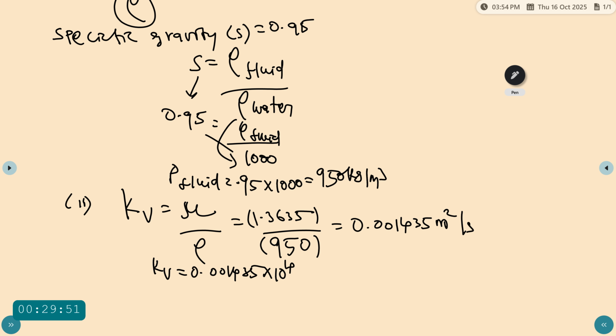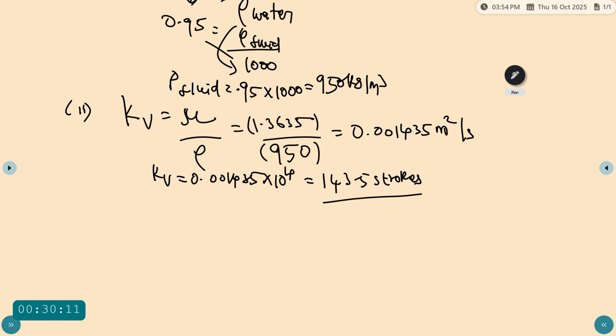The answer in Stokes will be 14.35. So this is the value we get.